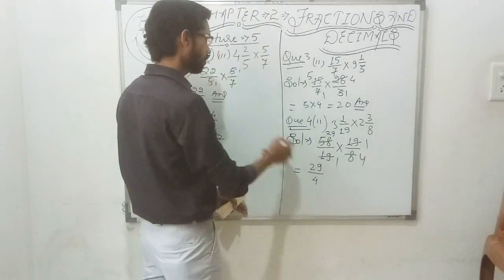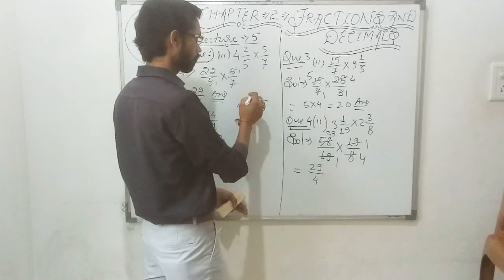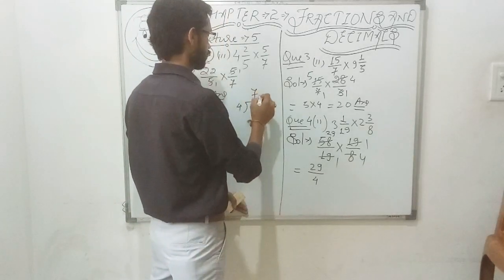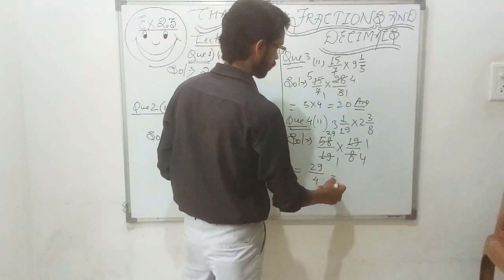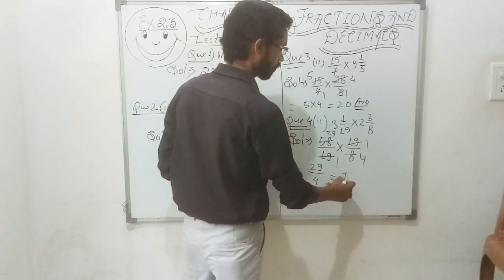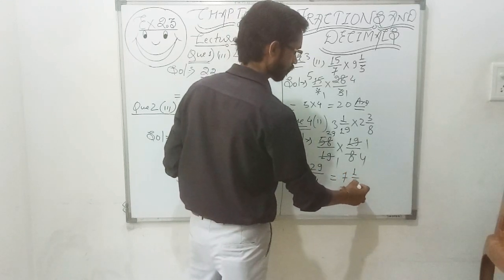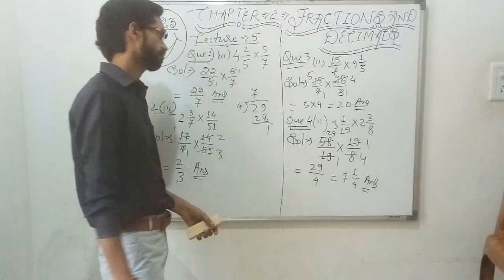So you can do the division on the rough side by 4. 4 1s are 4, 4 6s are 24, 4 7s are 28, 4 7s are 28. Remainder is 1. That means our answer will be 7 and 1 by 4, our final answer.